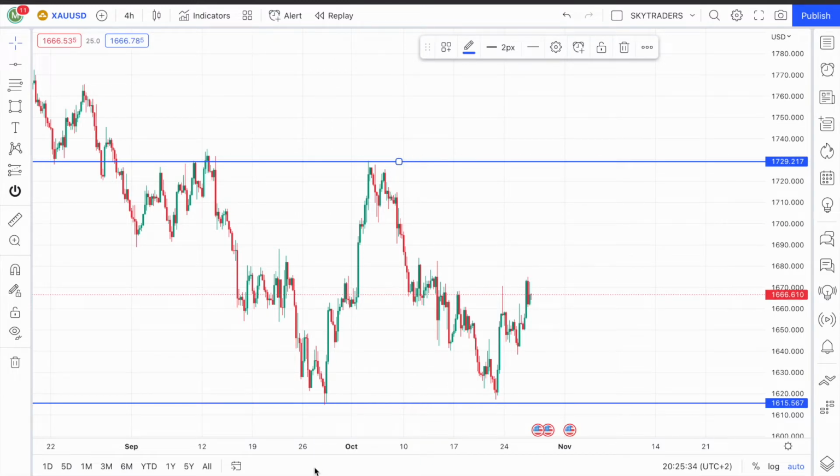What we need to understand is the order flow. What's the order flow? It's how market makers are trying to drive the price to specific levels. What are the important levels? Again, the areas of liquidity.